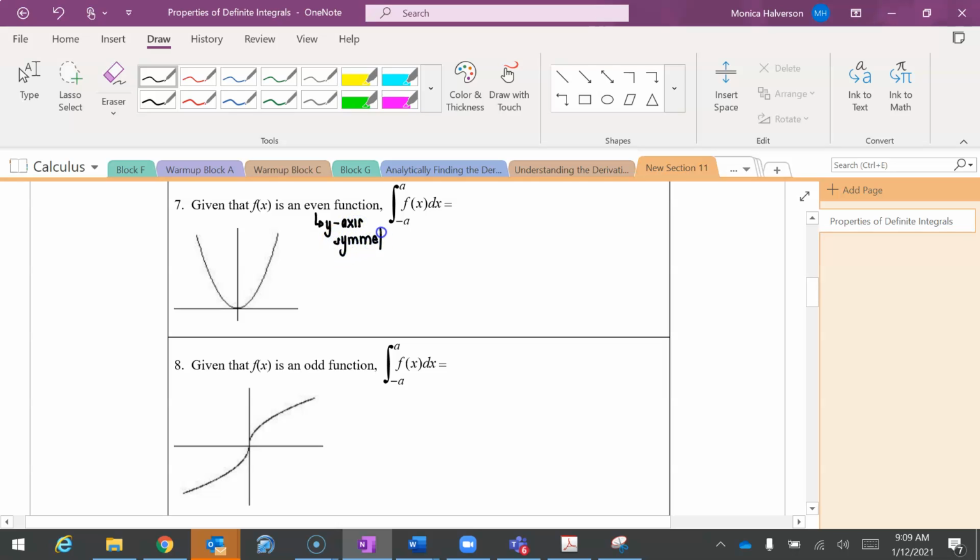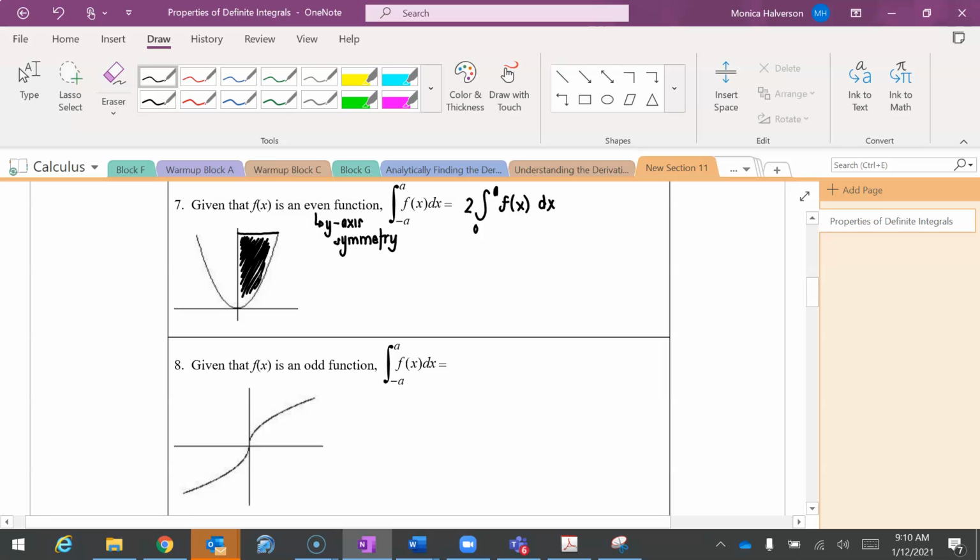The value of this integral will be 2 times the definite integral from 0 to a of f of x dx. It's going to be twice this area. And that would make sense because it's completely symmetrical, and that's what makes it even.